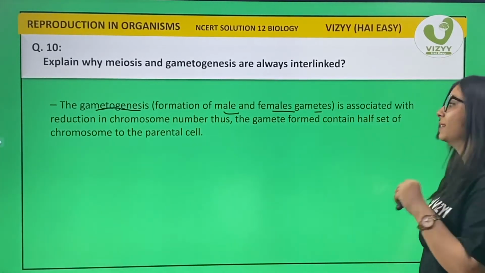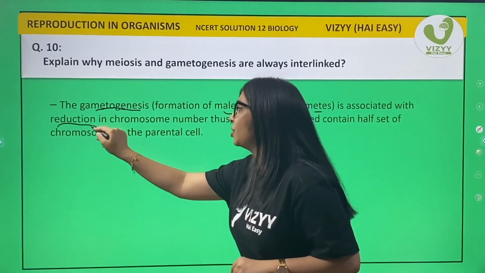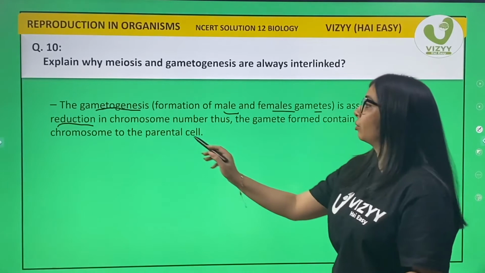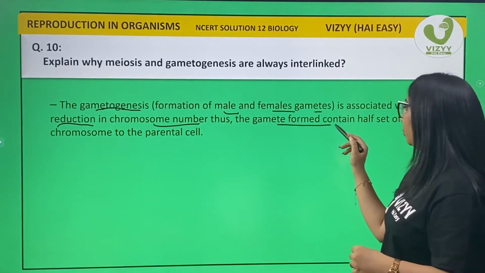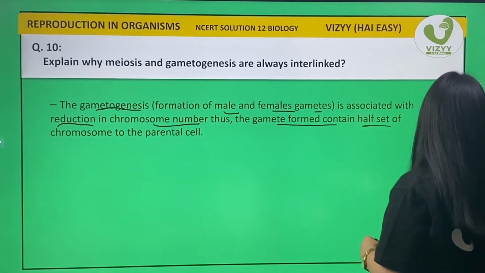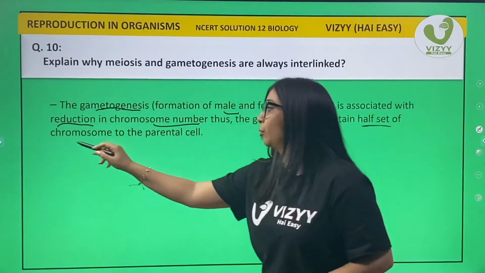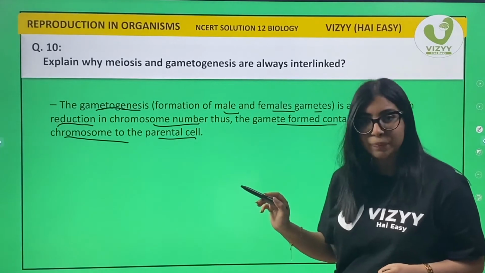Gametes are sex cells. It is associated with reduction in chromosome numbers, and thus the gamete formed contains half of the set of chromosomes of the parental cell.